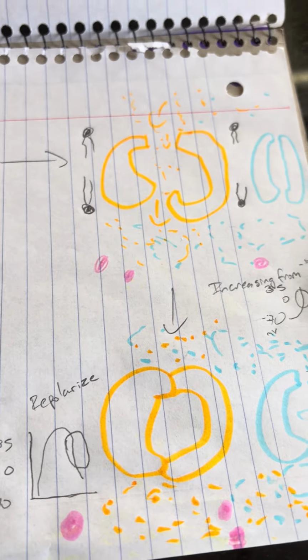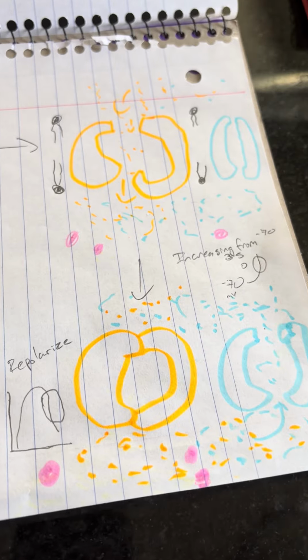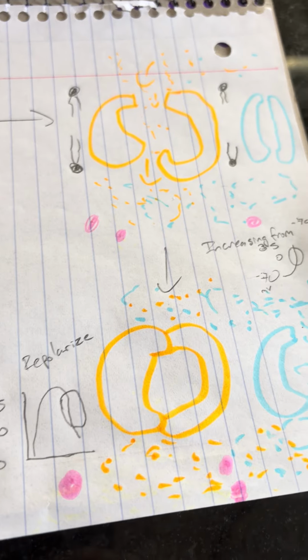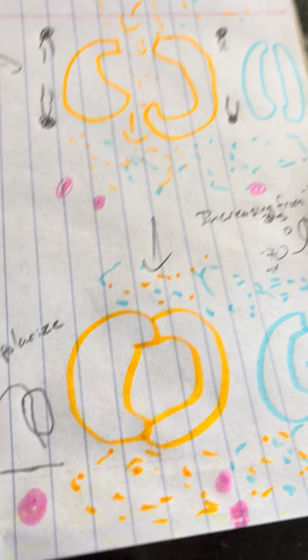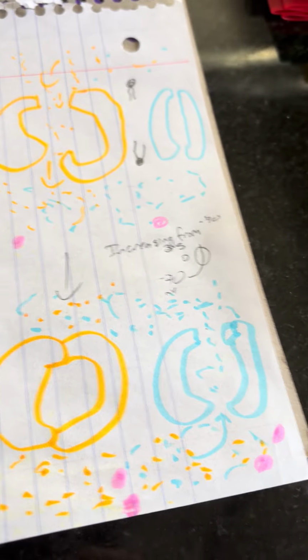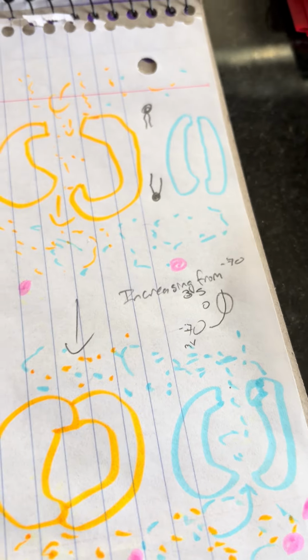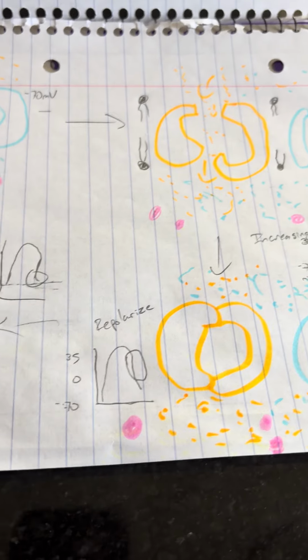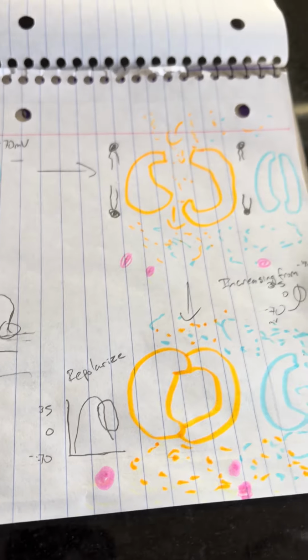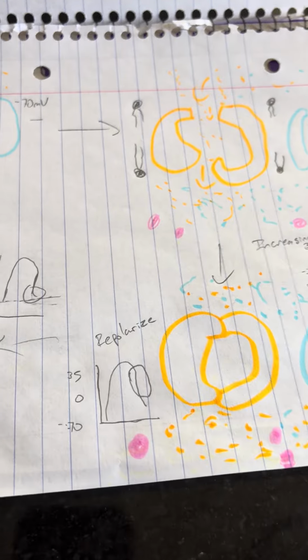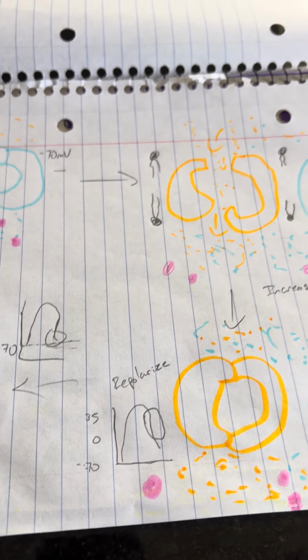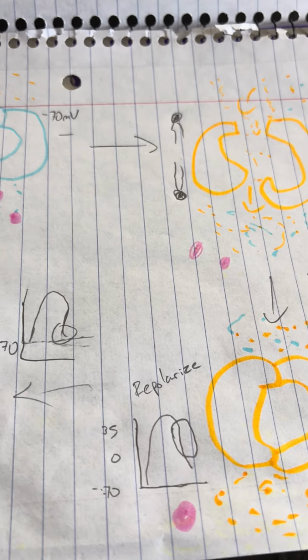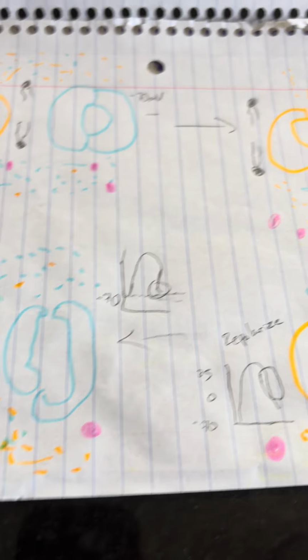Next, those sodium gates will close, and the potassium gates are going to open, and those ions are going to diffuse from the ICF into the ECF, essentially the opposite of where they're normally housed. Now the membrane potential is repolarizing due to these potassium ions going out into the ECF, bringing us down from that +35 back towards the -70 resting membrane potential.